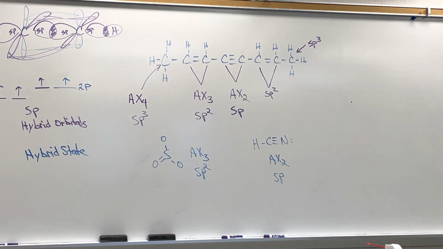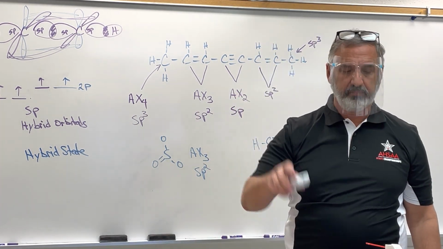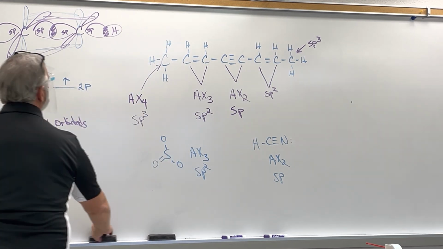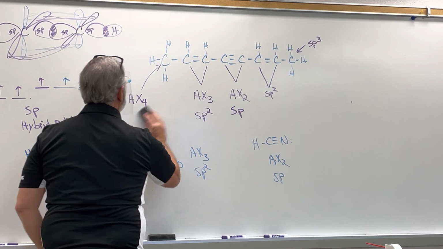Now, we want to know the shapes of different molecules. So knowing that atoms hybridize, knowing that if there's 4 things around the central atom, it's going to be sp3.